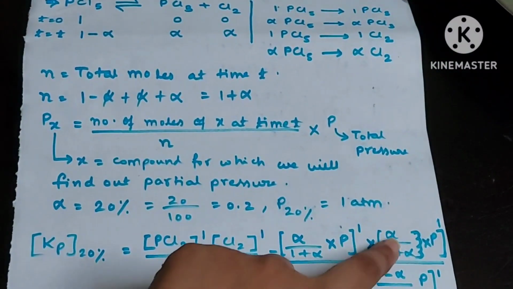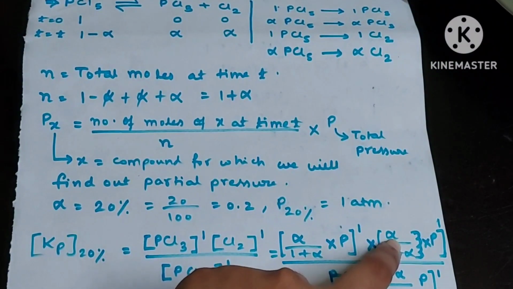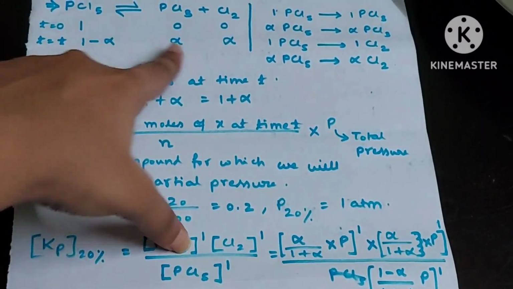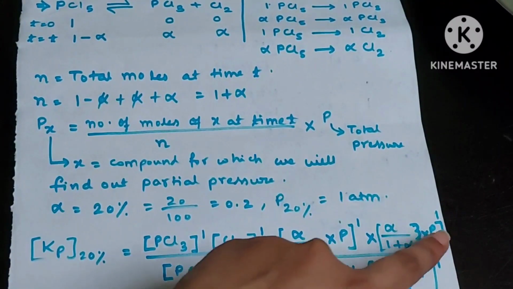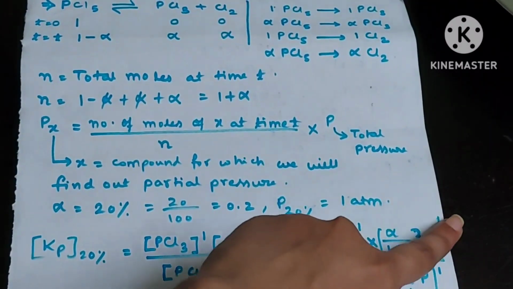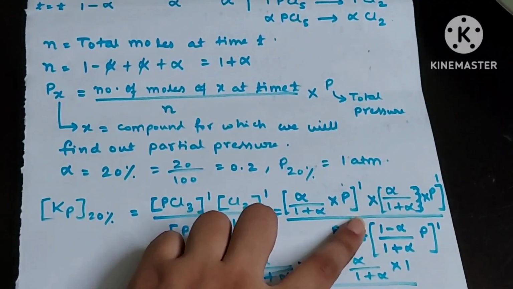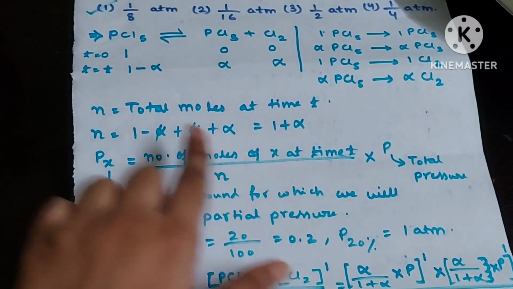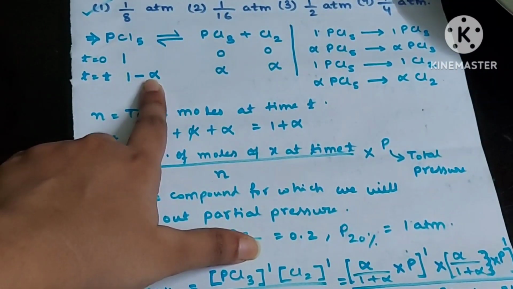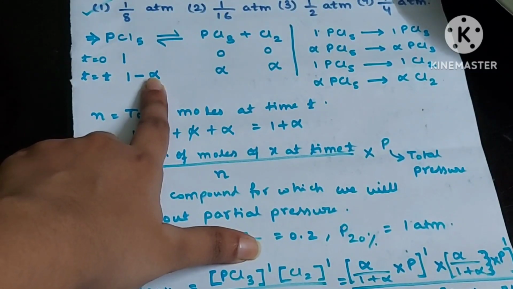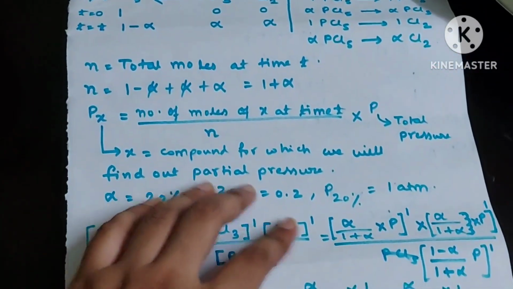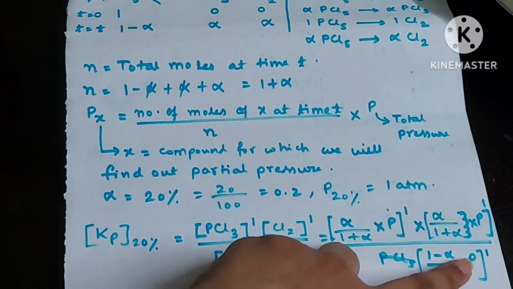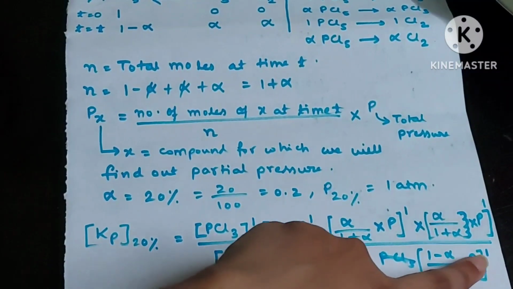Similarly, for chlorine, number of moles of chlorine at time t is alpha, by total moles 1 plus alpha, into P, whole to the power of the stoichiometric coefficient. And for PCl5, number of moles present was 1 minus alpha, by 1 plus alpha, into P, to the power 1.